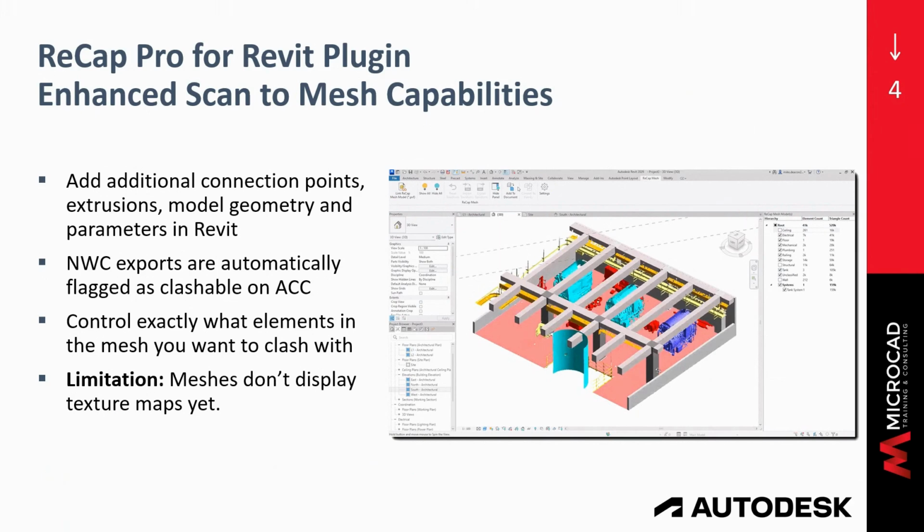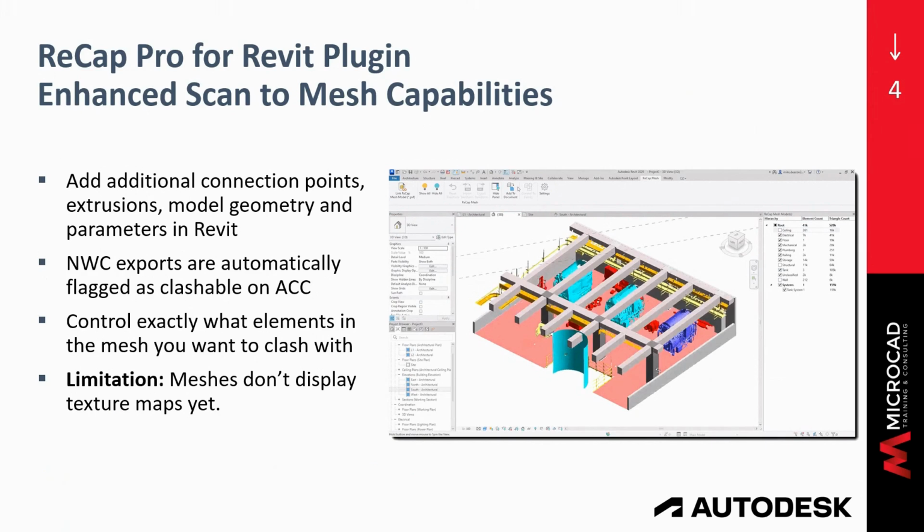So all this will allow users to perform a more comprehensive clash analysis between the reality capture data and the design models. And that way it is going to allow you to minimize the possibility of having false positives, and thus the team will be able to focus on resolving critical issues.